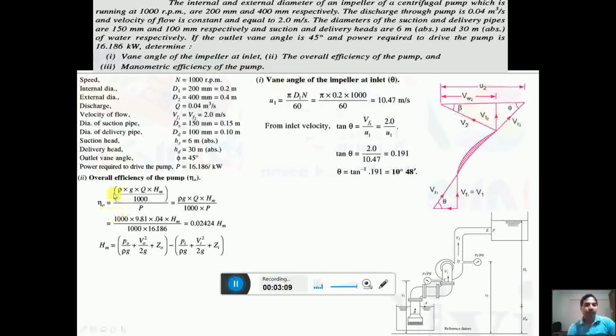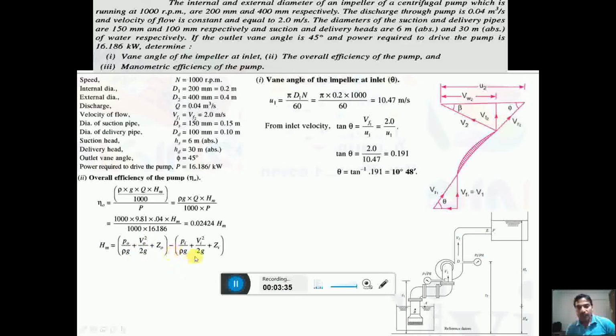Simply we can write here as rho QgH divided by shaft power, and rho QgH divided by 1000 is written here because the power is taken in kilowatt. So 1000 is written here. So overall efficiency can be calculated as 0.024 into HM.